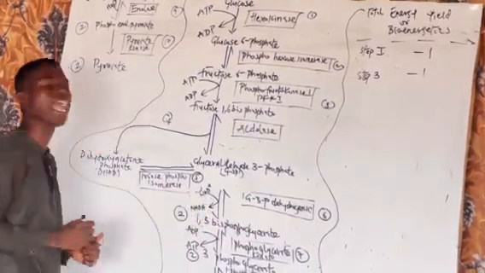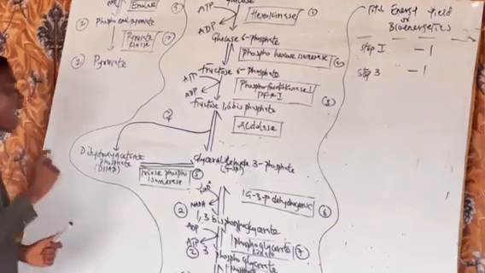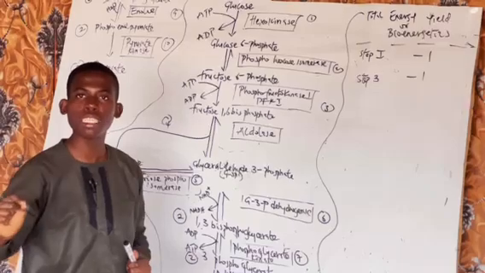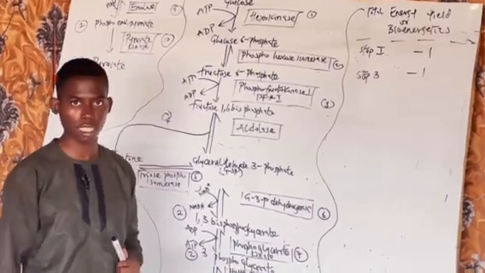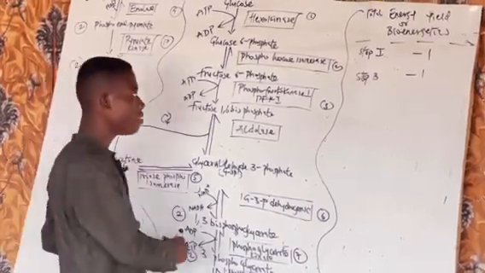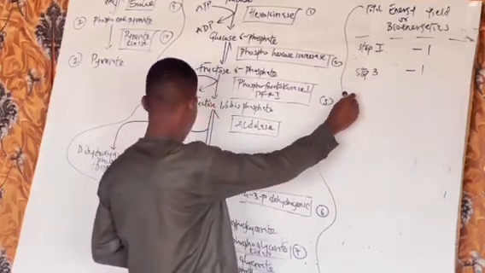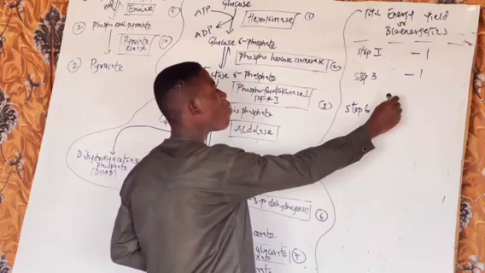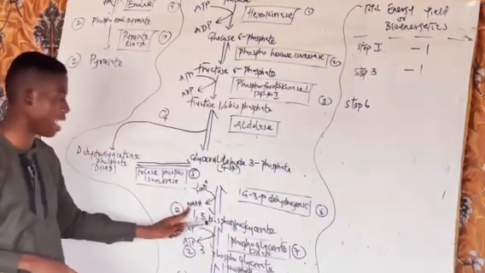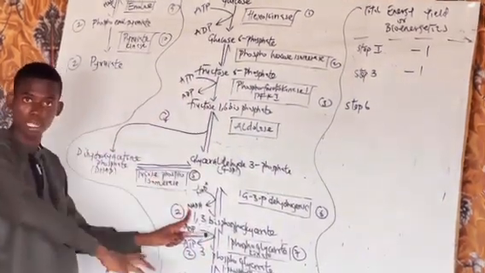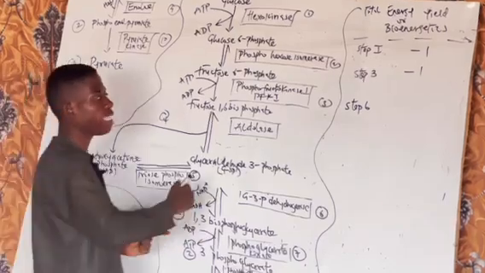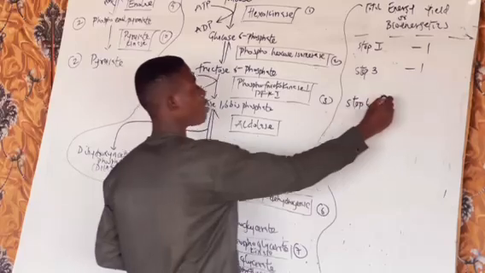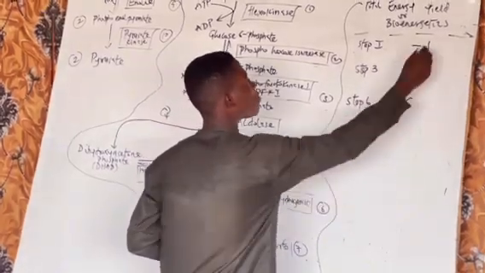As you can see in step 6, NADH is produced. And NADH is equivalent to approximately 3 ATP in the electron transport chain. We'll be talking about that. So at step 6, we have 2 NADH, because everything here is happening twice. 2 NADH is equivalent to 2 times 3 ATP, which is 6 ATP.